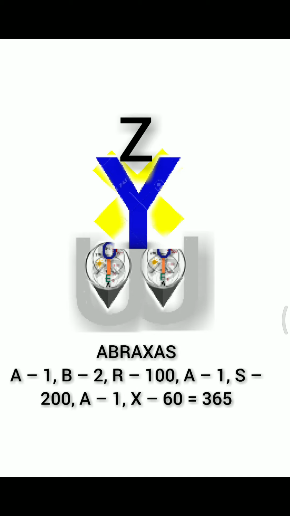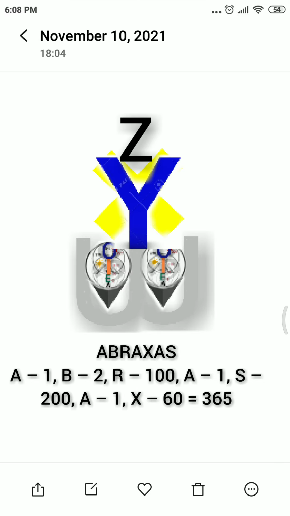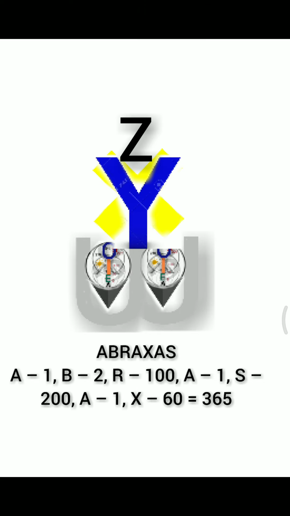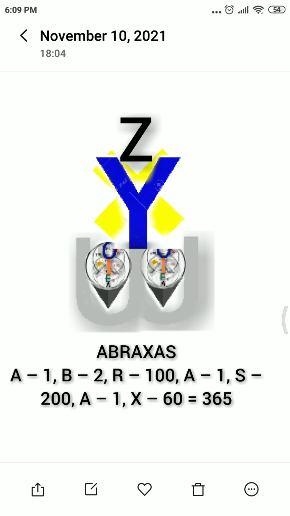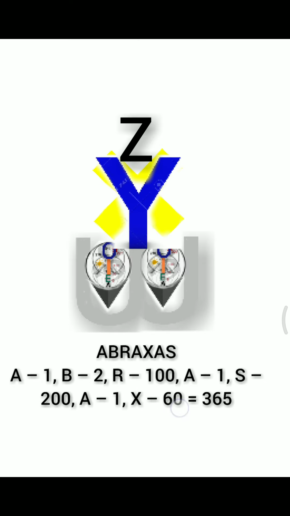So for that ABRAXAS, the Greek letters have numbers associated with them. A is associated with 1, B with 2, R with 100, A with 1 again, S with 200, and X with 60.